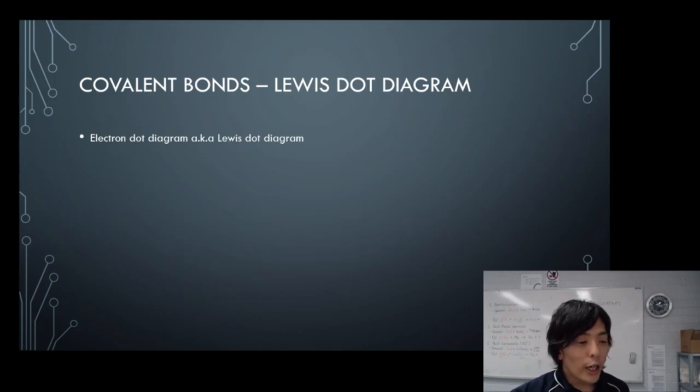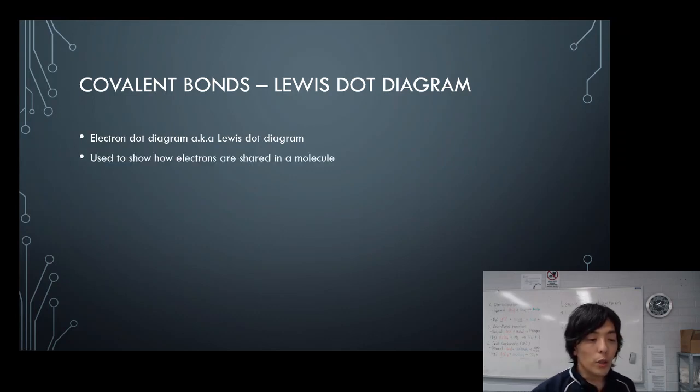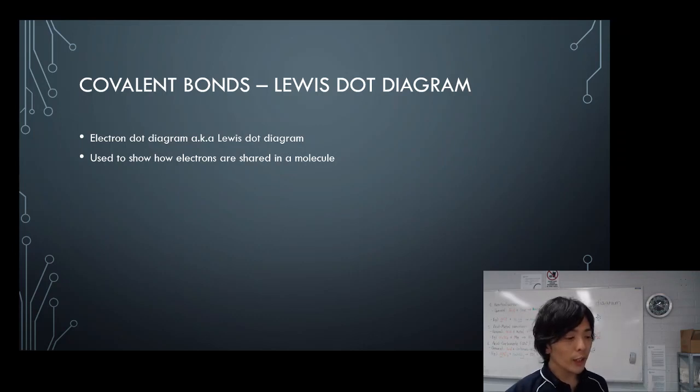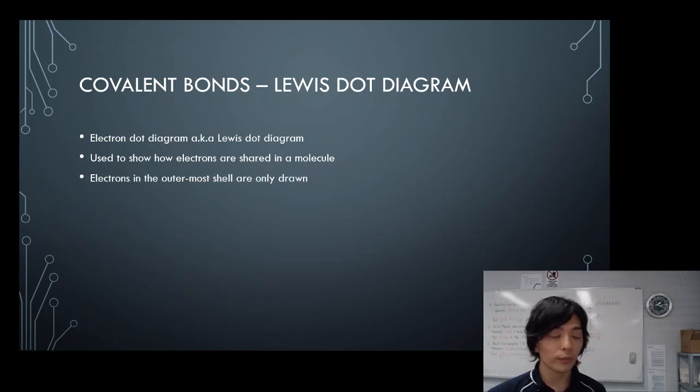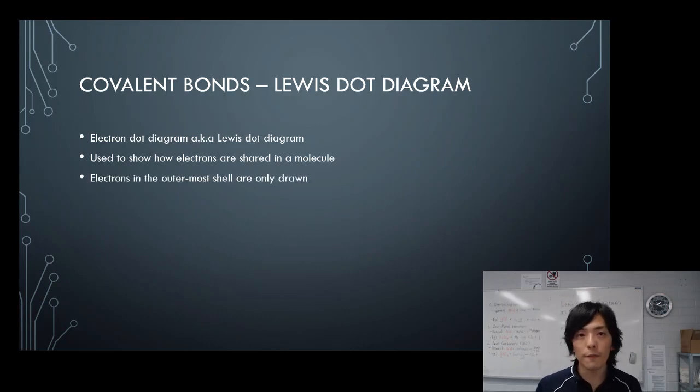Now, the electron dot diagram is also known as the Lewis dot diagram. You'll be practicing that. It's used to show how electrons are shared in the molecule. If you're looking at covalent bonds, it's usually a molecule. Some of them are covalent lattices, but that's not many.